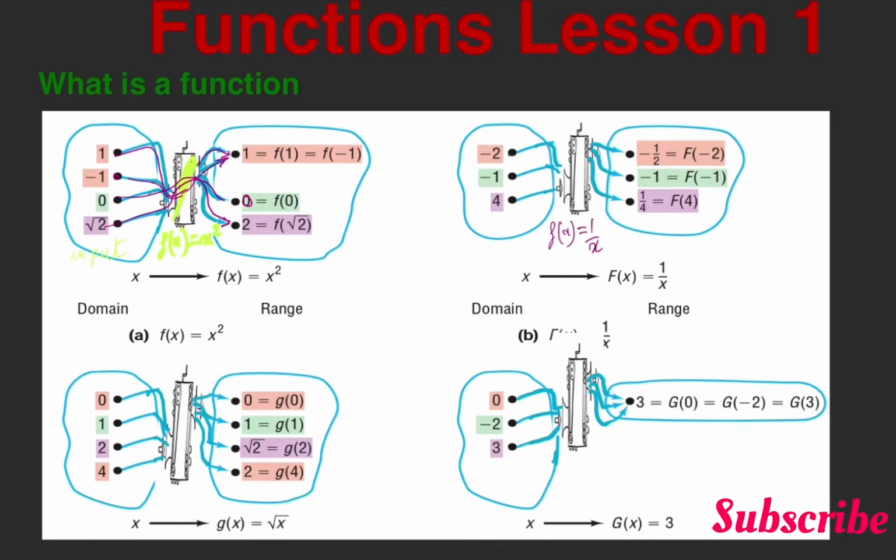For example, we give it number 2, it flips it and gives us 1 over 2. Give it -1, it gives us -1, because 1 over -1 is just -1. We give it 4, it flips it and gives us 1 over 4.